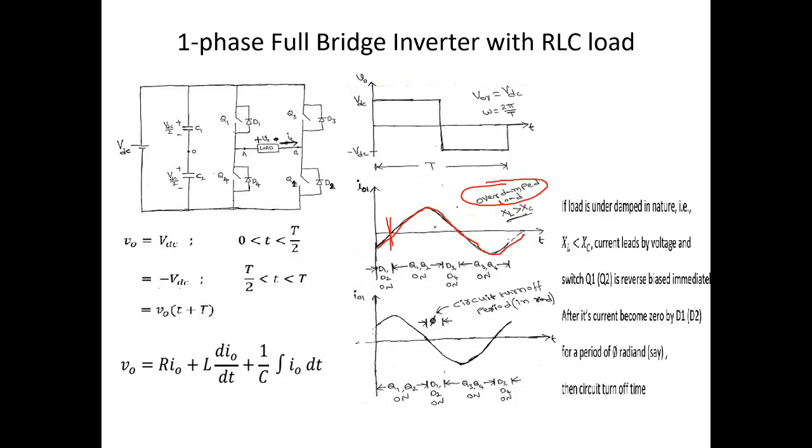You can see here Q1 is conducting. So whenever Q1 is conducting, the voltage across it would be 0, and once the current through Q1 is made 0, what is happening? There is no possibility of reverse voltage appearing across the switch.